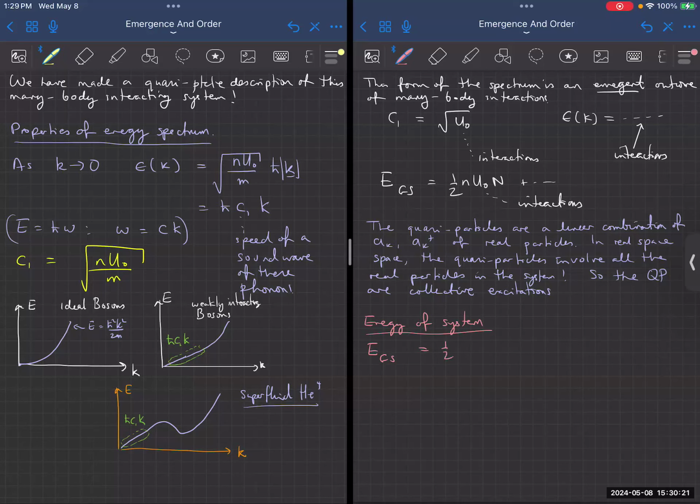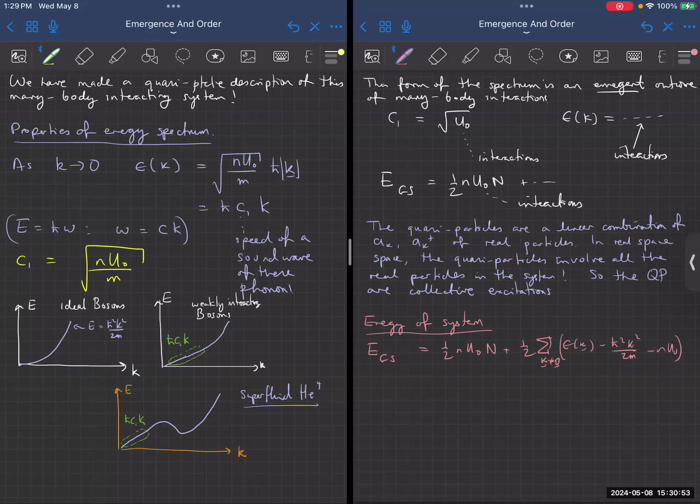It's 1/2 n u naught times n, and then there was this term 1/2 the sum over k not equal to 0 of epsilon k minus h bar squared k squared over 2m minus n u naught, like so. So that's the ground state energy of the system, and let's look at what this thing looks like.